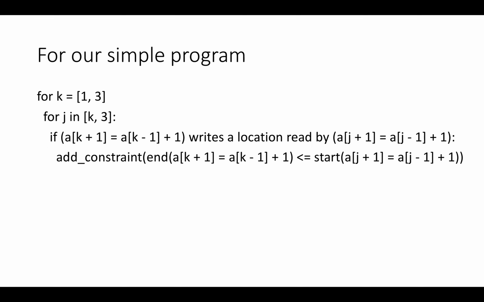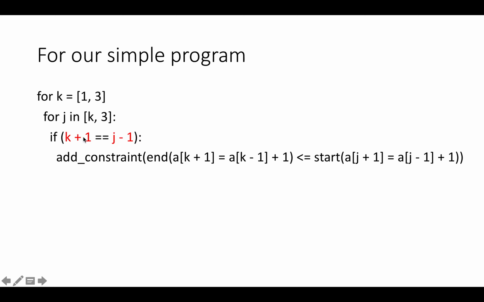So we can simplify this down even more, because really this instruction only writes one location, the location a[k plus 1]. And this instruction only reads one location, and that's the j minus 1th location of a. So really we can say if k plus 1 equals j minus 1, then we add this constraint.